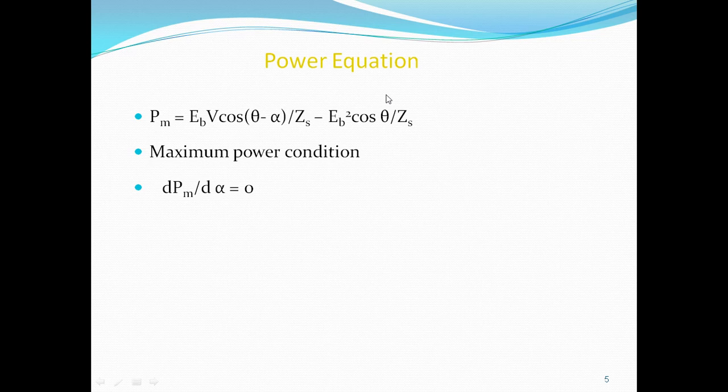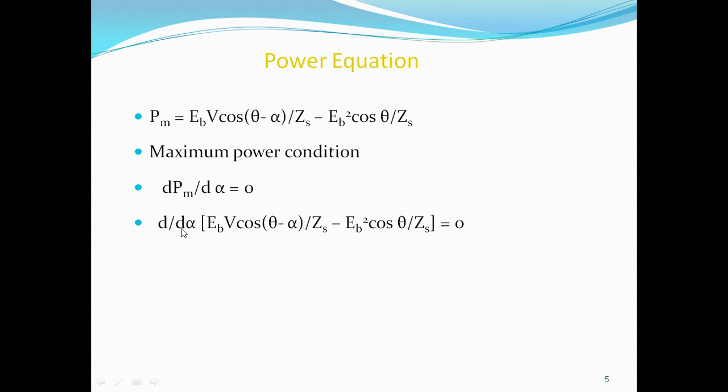So if you differentiate the equation Pm with respect to alpha and equate to 0, we can get the condition for maximum power.